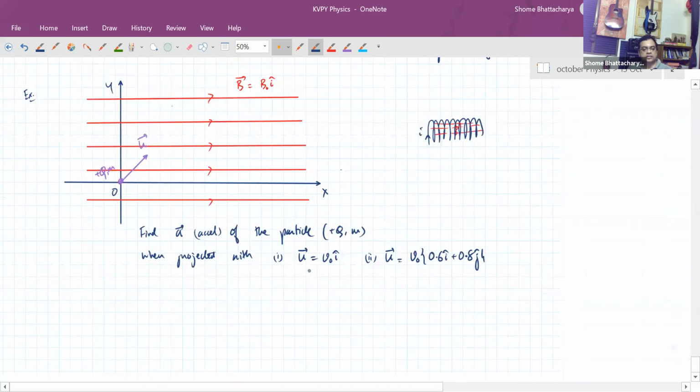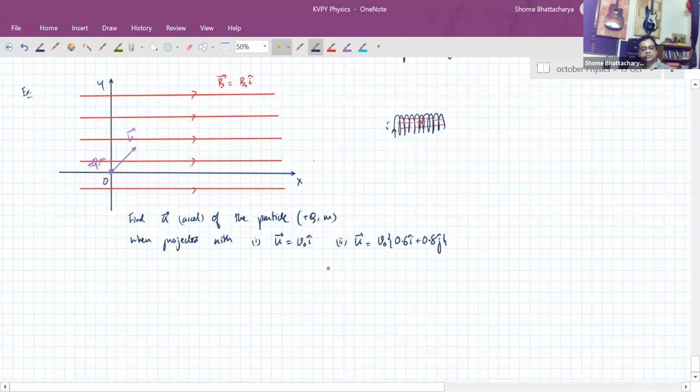And in the third case, you have to imagine in the diagram that the initial velocity is not in this plane. So it is, let's say, like this kind. Each of these is a unit vector, you can see.